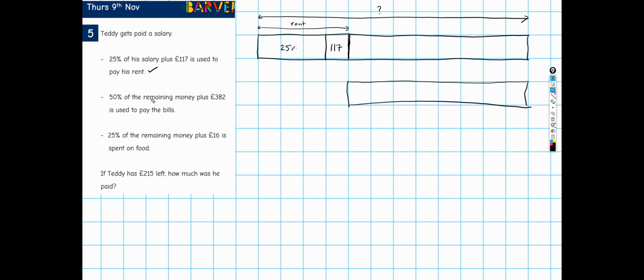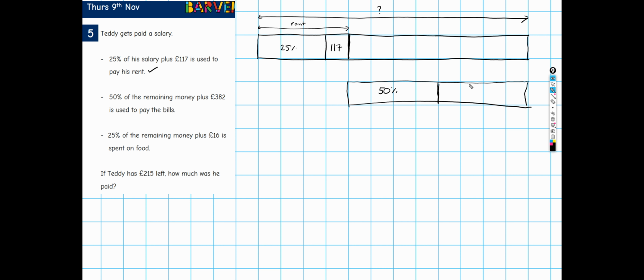Okay, and 50% of that remaining money plus £382 is used to pay the bills. So there we go. So 50%. Now remember that this 25% is of this amount, this 50% is of this amount. So these two don't relate to each other. 50% of this amount plus 382.